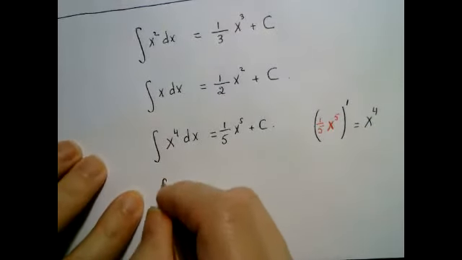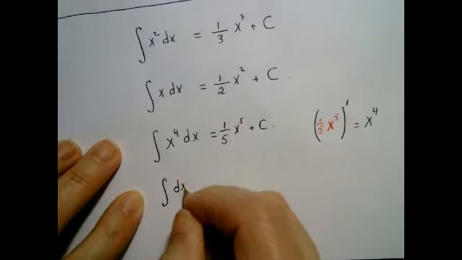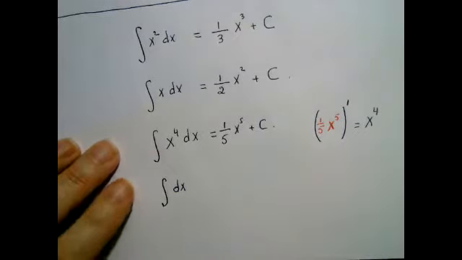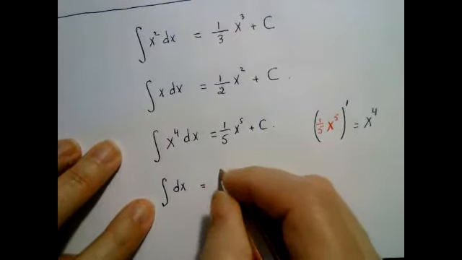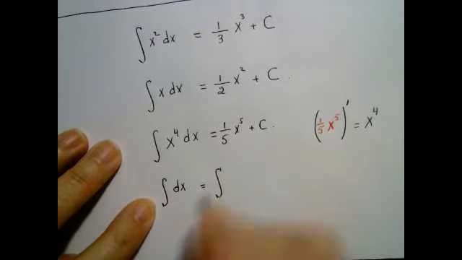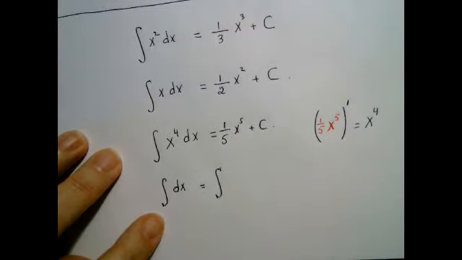But before that, let me explain one thing. What's the antiderivative of dx? First, what does this mean? That's really confusing at this stage. Antiderivative of dx, or indefinite integral, I use them as the same thing.